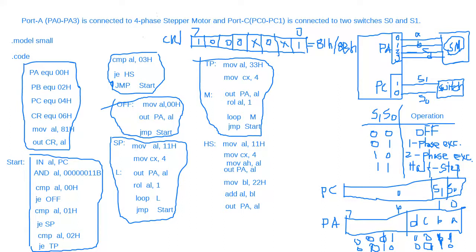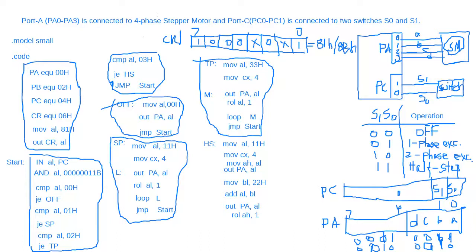Now we have to make the 1 bit rotation of AL, and 1 bit rotation of AH, and 1 bit rotation of BL. So rotation left AH comma 1, and rotation left BL, comma 1.